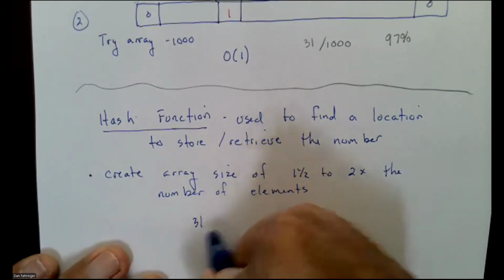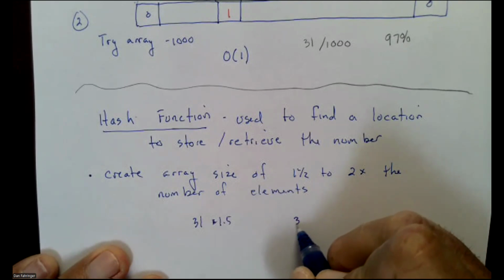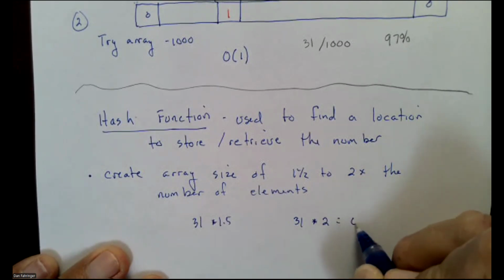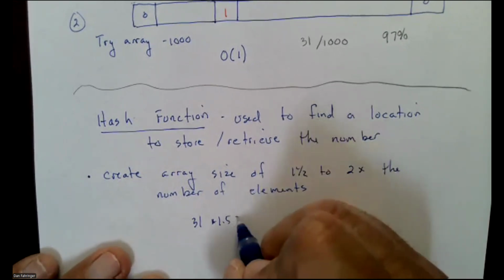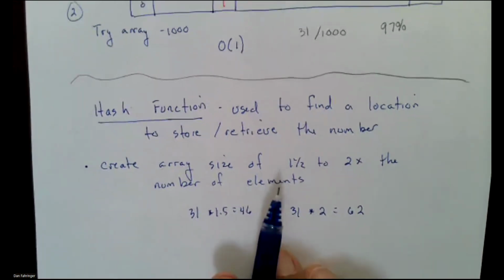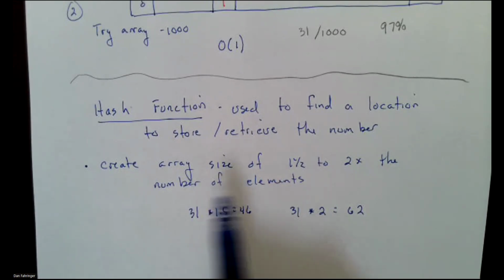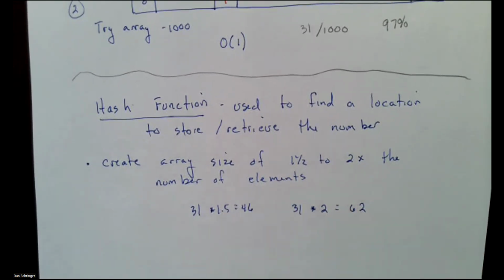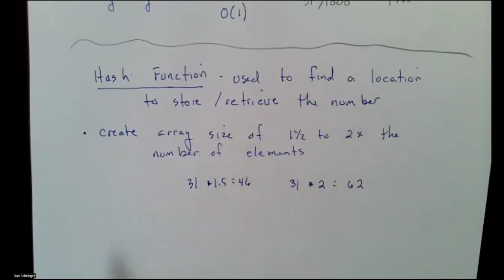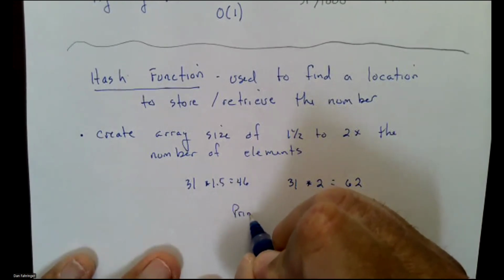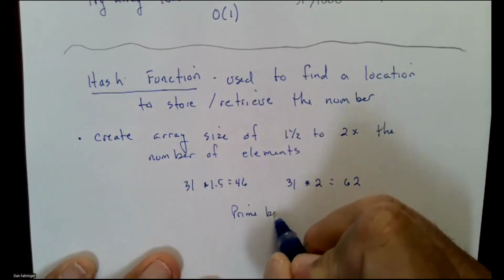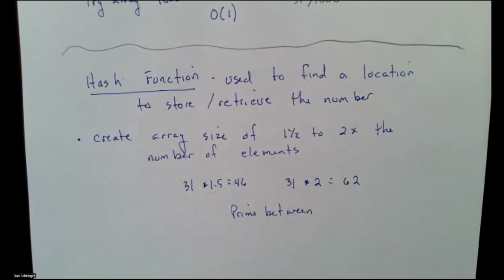So 31 times 1.5 is about 46, and 31 times 2 is 62. I'm going to pick a number in this range, and I want it to be a nice number, a prime number. So give me a prime between 46 and 62.